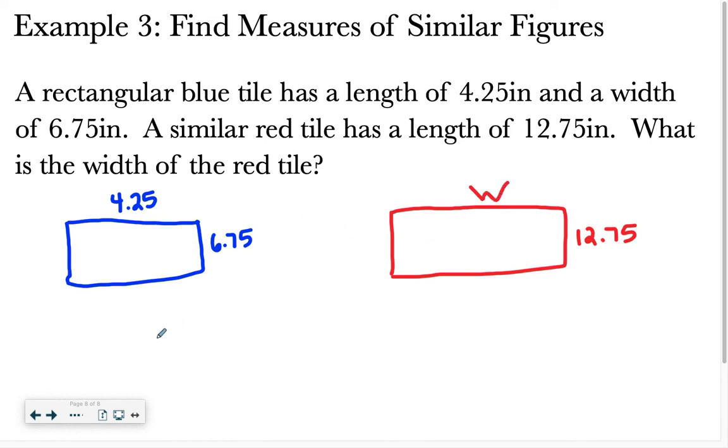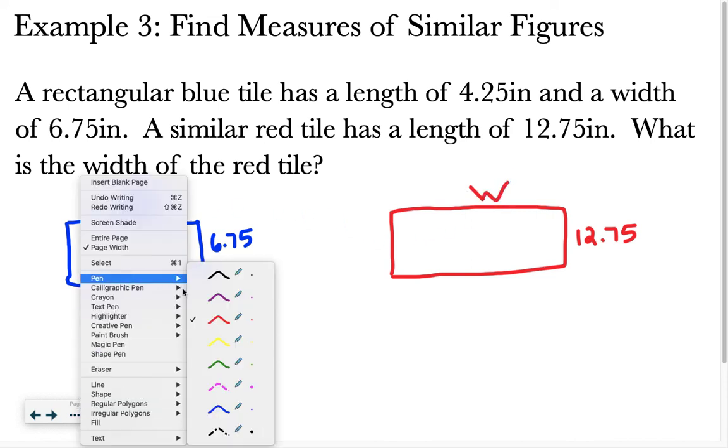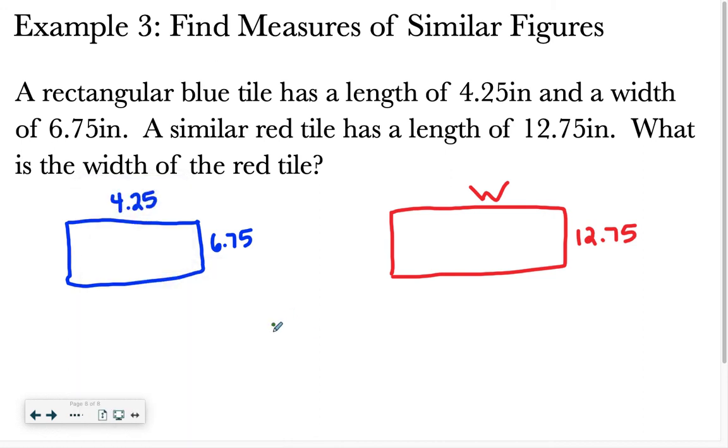Okay, so I'm going to set up my proportion. I'm going to say 4.25 over 6.75 equals, and then W is corresponding to 4.25, and it's on the same rectangle as the 12.75. So then I solve it just the same. I say 4.25 times 12.75.